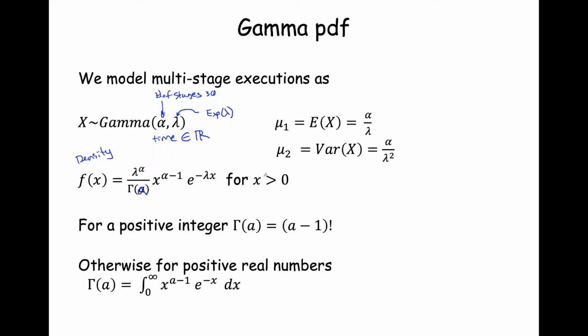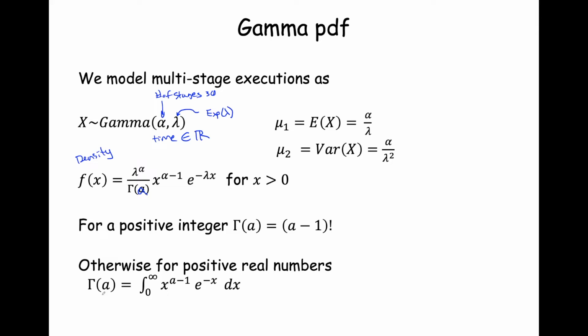Well, time could be 0, but if time is 0 here, then any phase takes 0 time, which means that the phase didn't run, right? So x is assumed to be greater than 0. And here, the gamma function, if you use a positive integer, is just that integer minus 1 factorial. So if you input alpha, or a, gamma of a is a minus 1 quantity factorial.